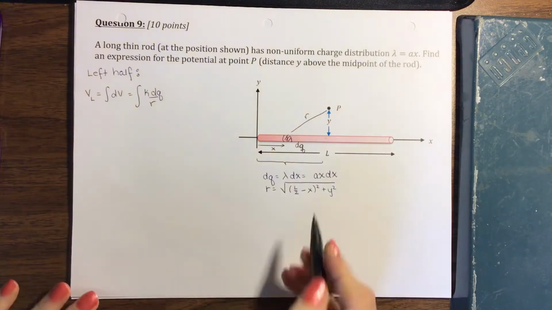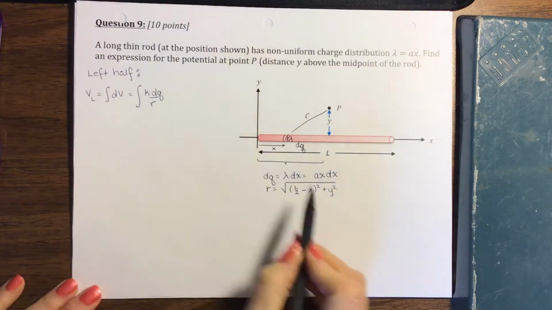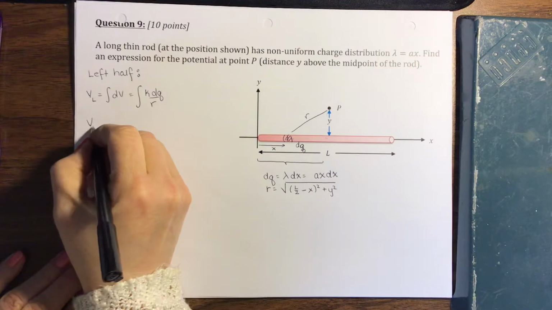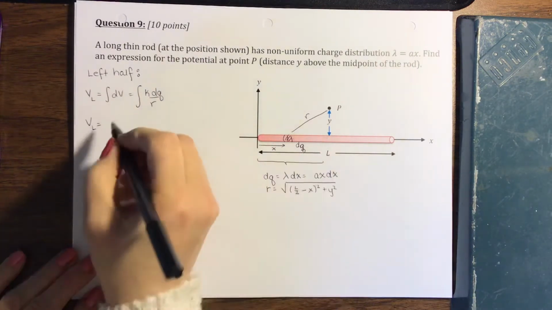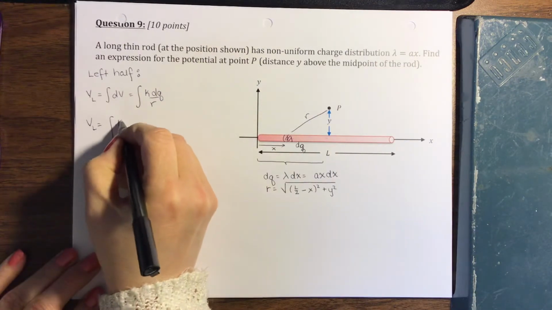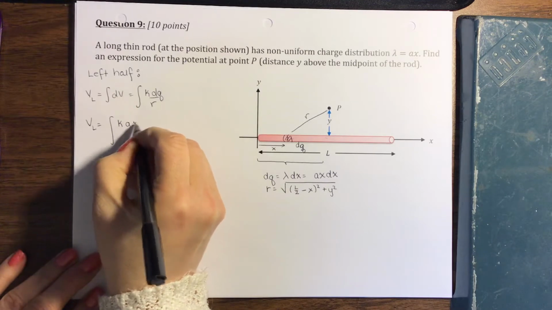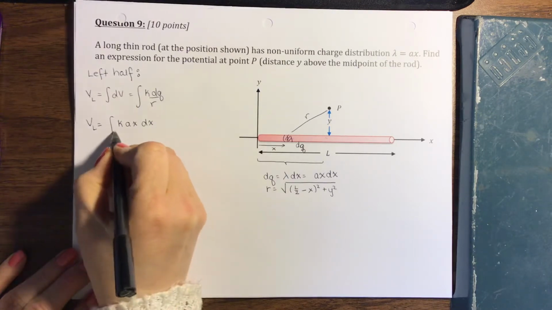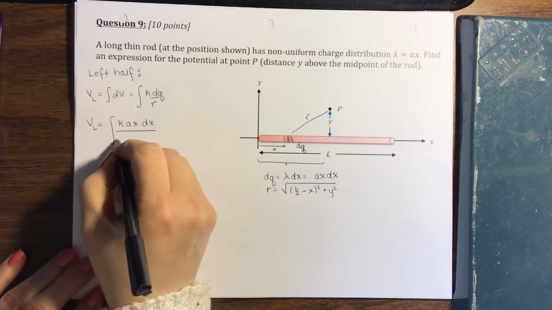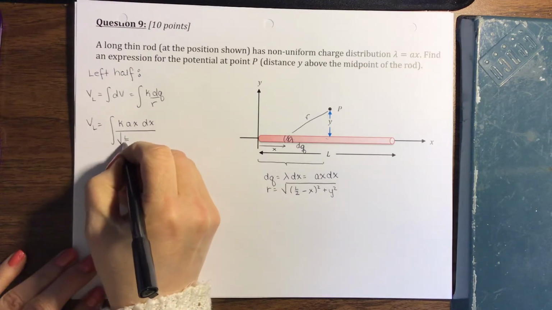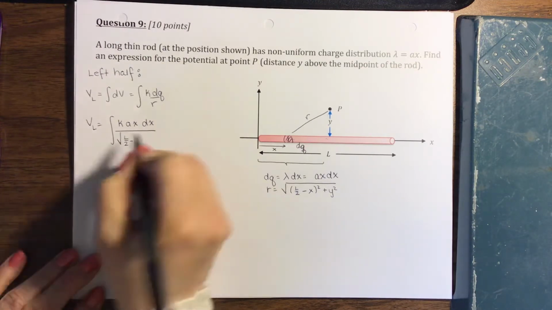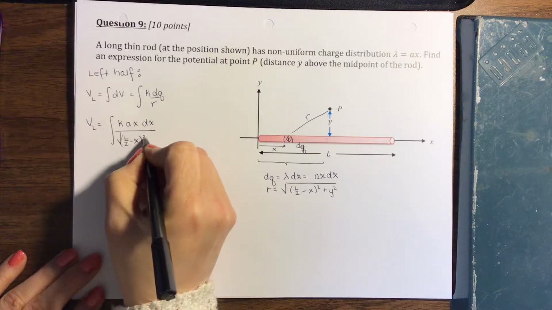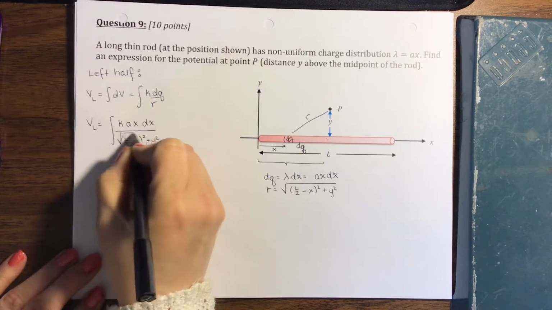There's our r value. Now we've got something for dq, we've got something for r. The potential due to the left half of the rod is k times a times x times dx divided by r, which is the square root of (L over 2 minus x) squared plus y squared.